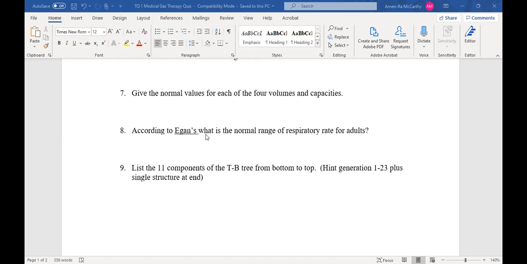Number 8, according to Egan's, what is the normal range for respiratory rate in adults? Anybody? 12 to 20. All right. And then number 9, list the 11 components of the tracheobronchial tree. Just give me from the top to the bottom. You don't have to tell me a generation. Starting with the trachea, then Miss Rose, you go into the what? Bronchus, and then Miss Cummings, you go into the bronchi and segmental bronchi, right? Miss Scott, then you go into the bronchioles.